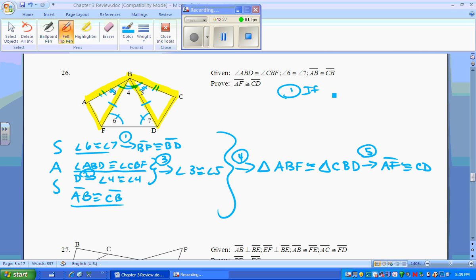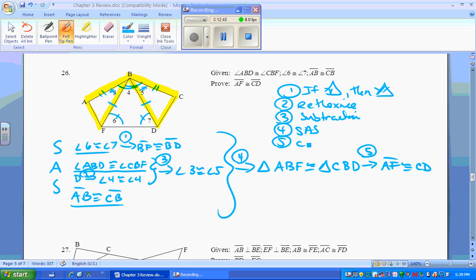Reason 1 was if angles, then sides. 2 is reflexive. 3 was subtraction. 4 side angle side, and 5 is CPCTC.